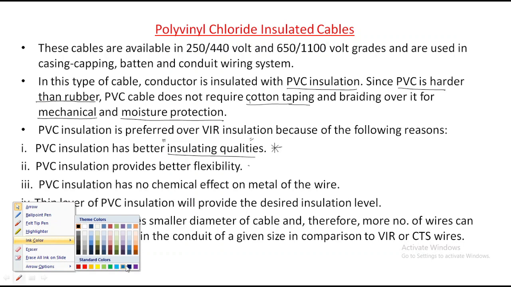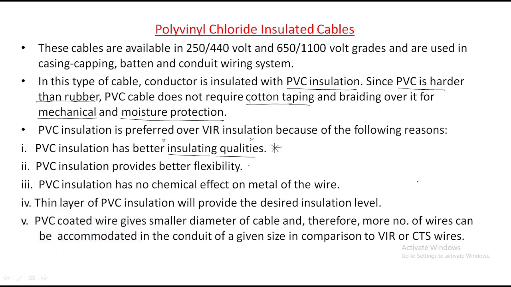We can take an example: the PVC insulation layer is like this only, less, and VIR is high insulation. Compared with this, PVC is very thin and VIR is very thick, but PVC will provide more insulation compared with the VIR. Right.